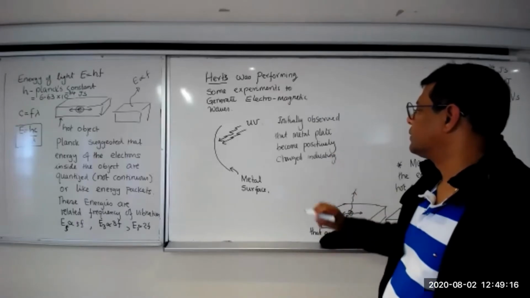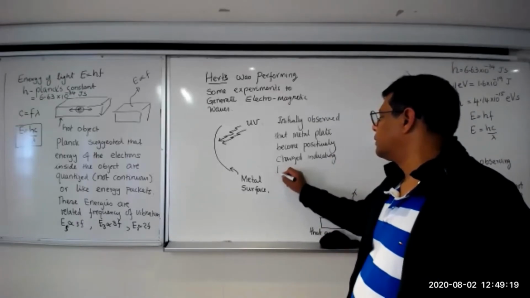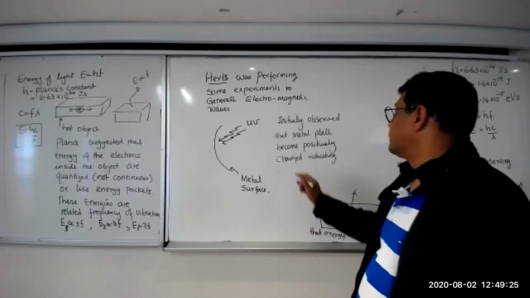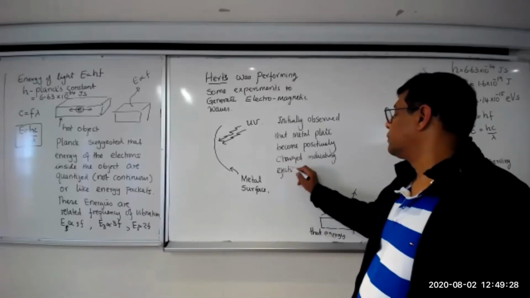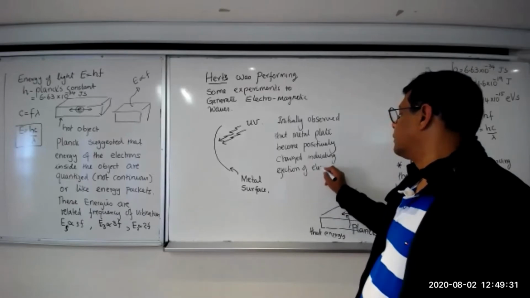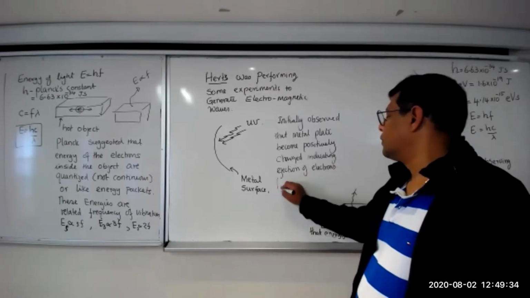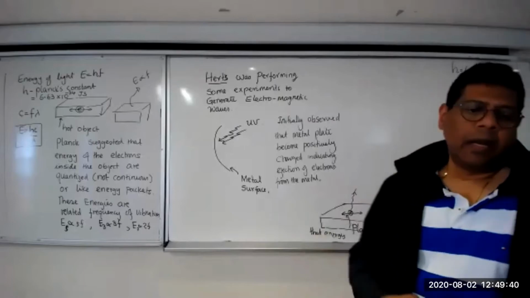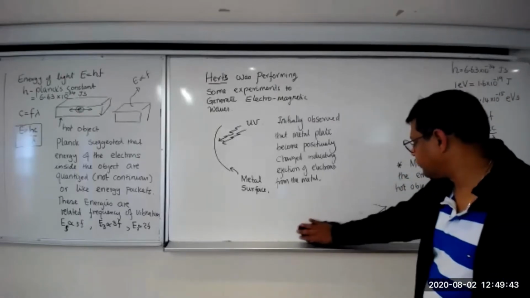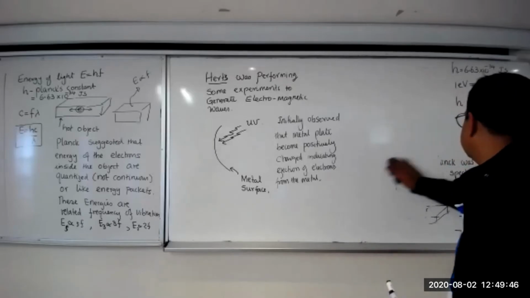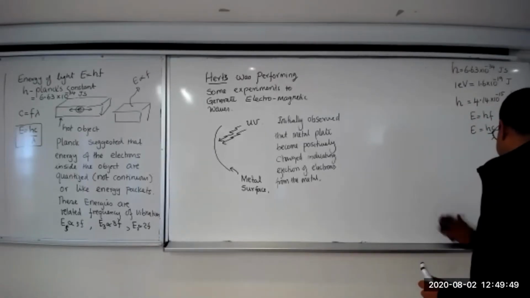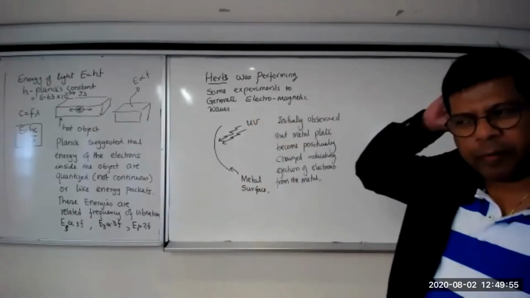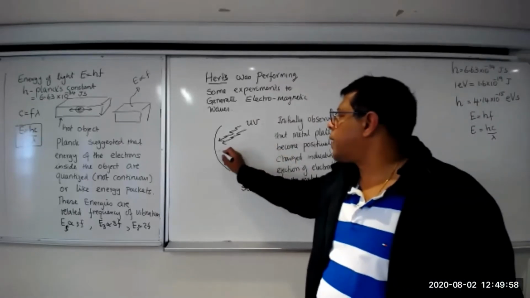Indicating liberation of electrons, or ejection of electrons, from the metal. And also, he realized that when you conduct the experiment, maybe in a dark room kind of scenario, you can see the sparks coming out.